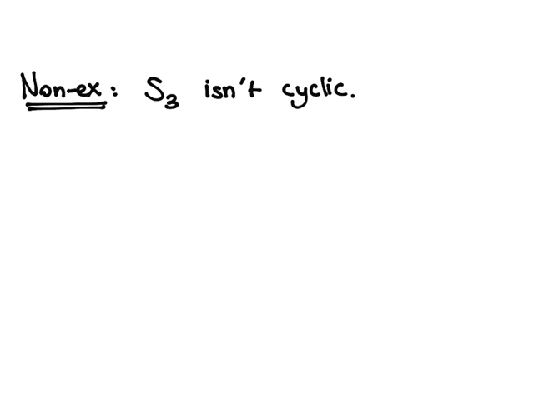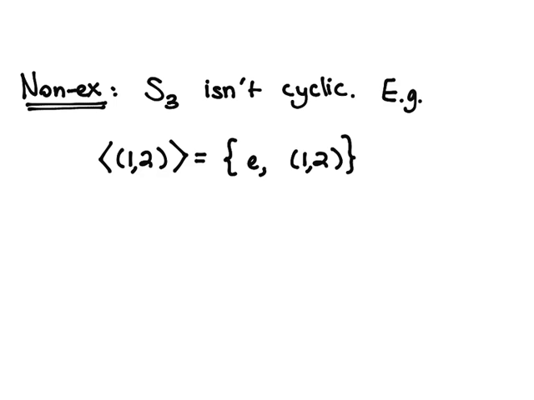Lots of the groups that we've met in this class, however, haven't been cyclic. As a specific non-example, we could consider the symmetric group S3. I claim that group is not cyclic. To try to convince myself of this, I can start picking specific elements of S3 and calculating the subgroup generated by them.